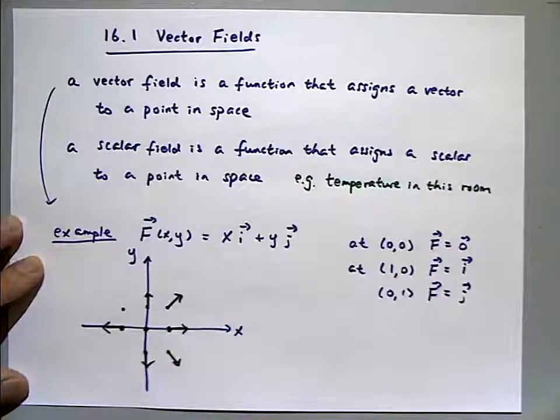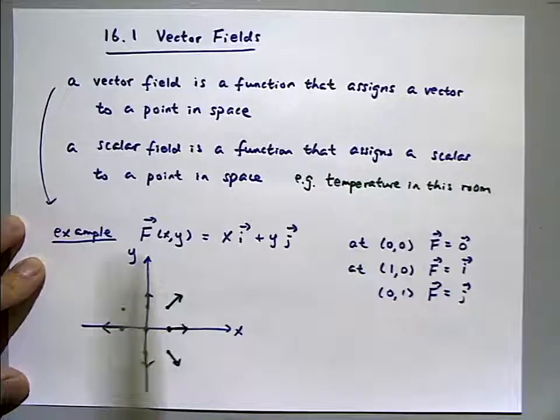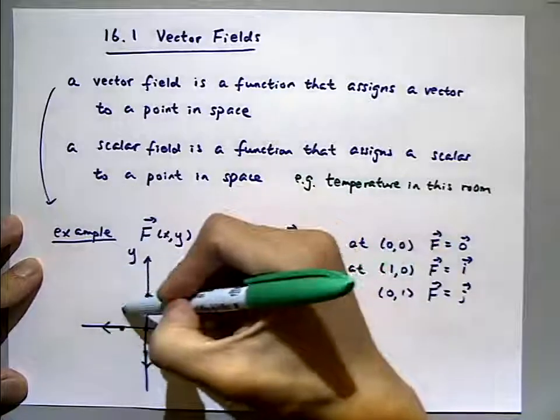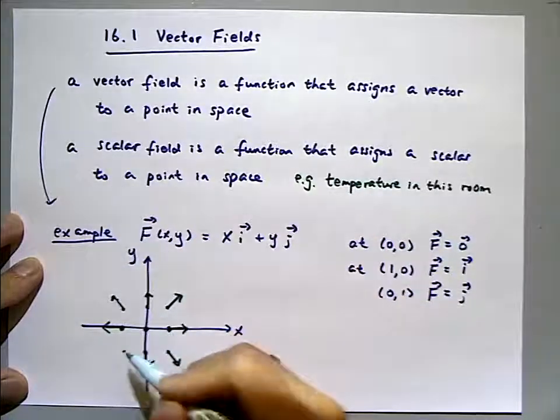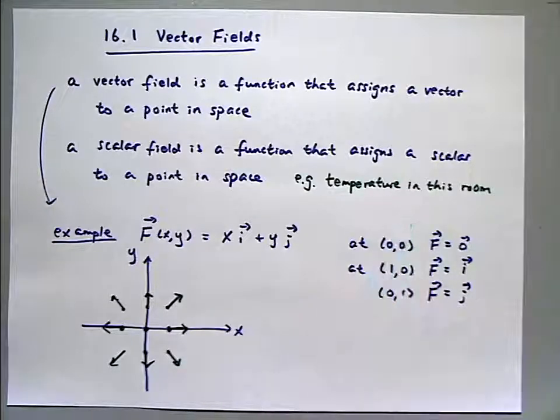You can see what's going to happen here. At minus 1, 1, negative 1i, so 1 left, positive 1j, 1 up. Something like that. And also notice the farther you get away, the longer these vectors are.